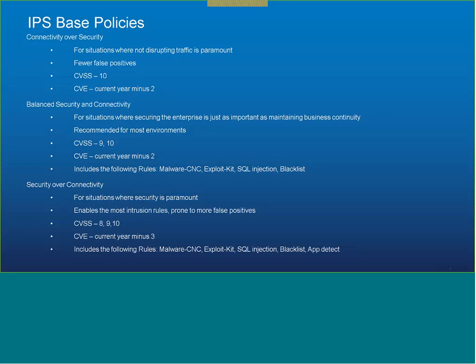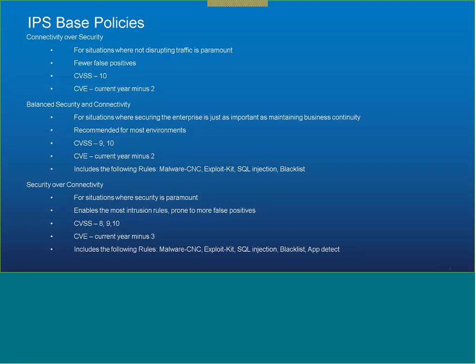And then the last one, security over connectivity, it is current -3 years when we look at vulnerabilities that exist, and it also looks at common vulnerability scores that are not only 9 and 10, but also scores of 8 as well. So we're looking at 8, 9, and 10, and then we're looking at 3 years, and it also adds rules from the app detect category.